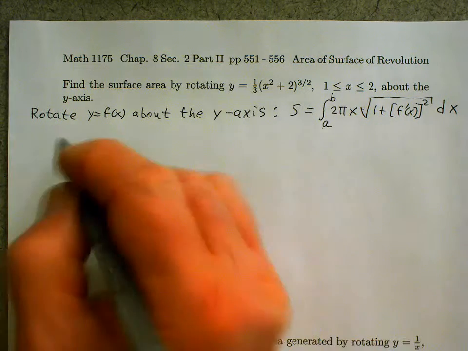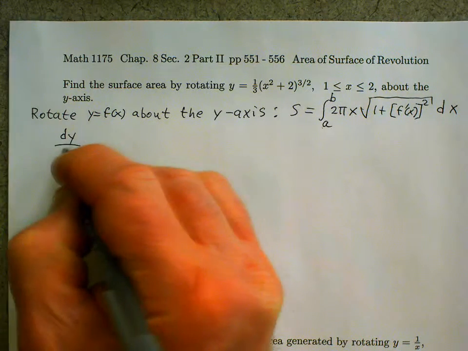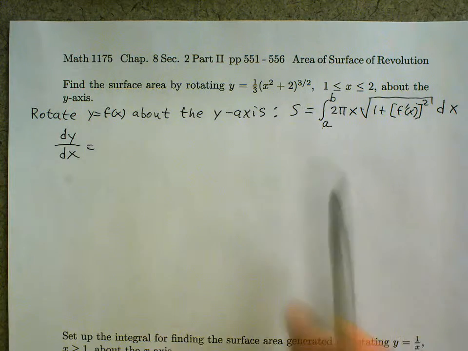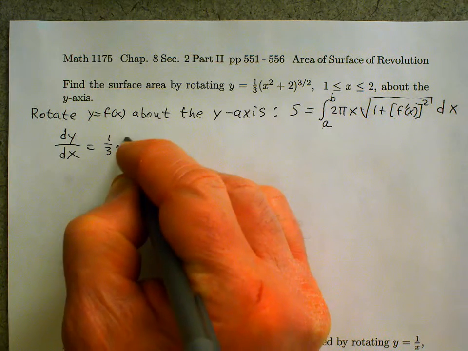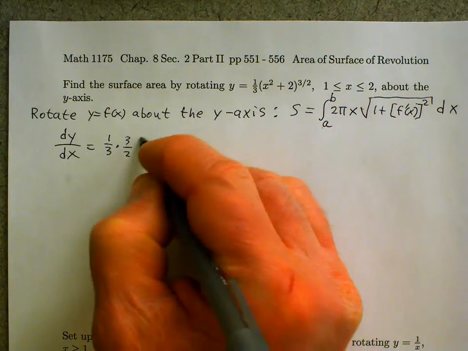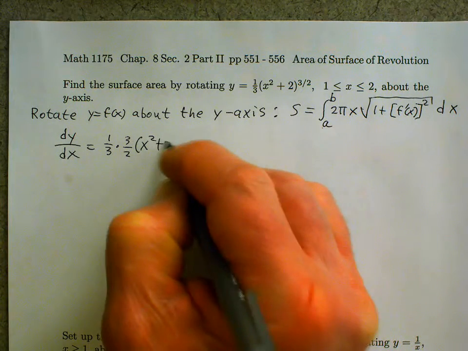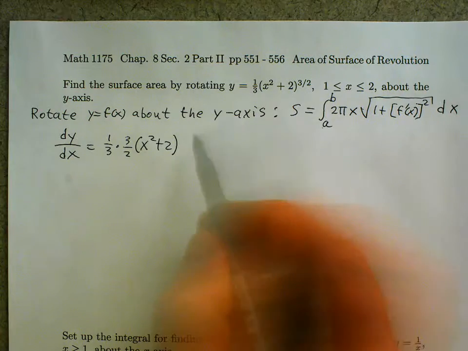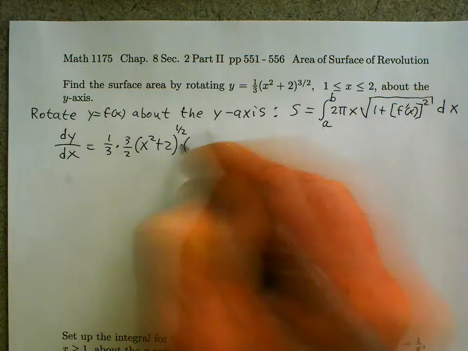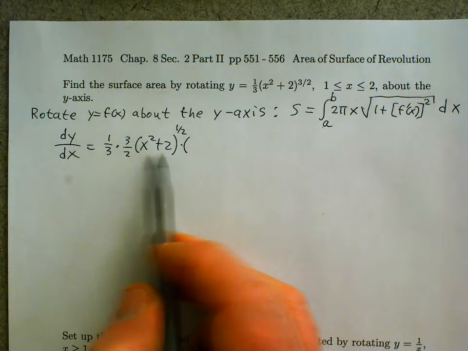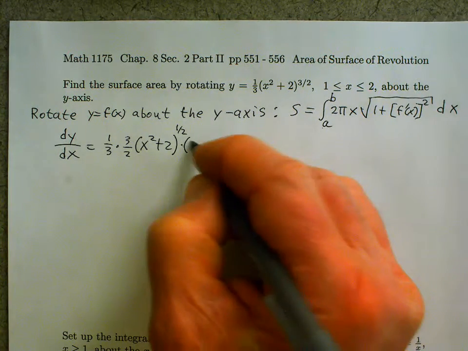We need to know the derivative. And so the derivative, 1/3 times 3/2 times x squared plus 2 to the 3/2 minus 1, which is 1/2, and then multiplied by the derivative of x squared plus 2, which is 2x.